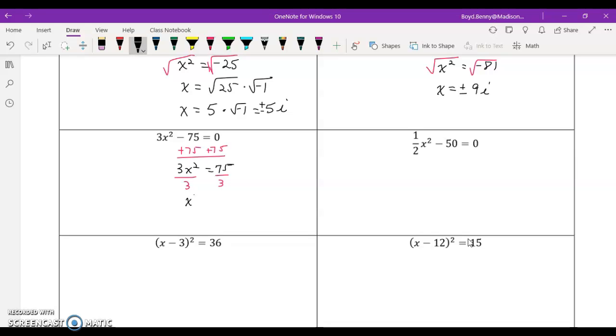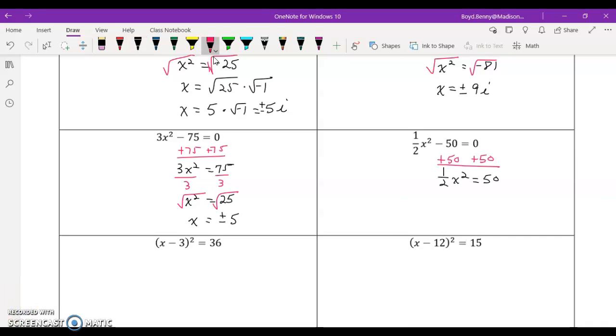And that's going to give me x squared equals 75 divided by 3, which is 25. And then the last step, the inverse of squaring a number is to take the square root, so I'm going to take the square root. So x equals plus or minus 5. Okay? All right, guys, go ahead and pause the video and try the your turn.